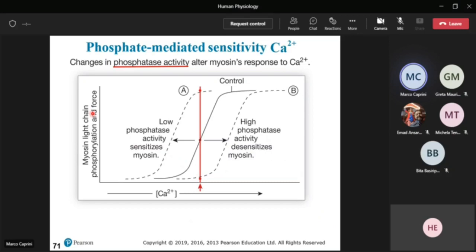So the increase of calcium is important, but the most important role is the phosphatase activity because it desensitizes the myosin and is always present in the cells.